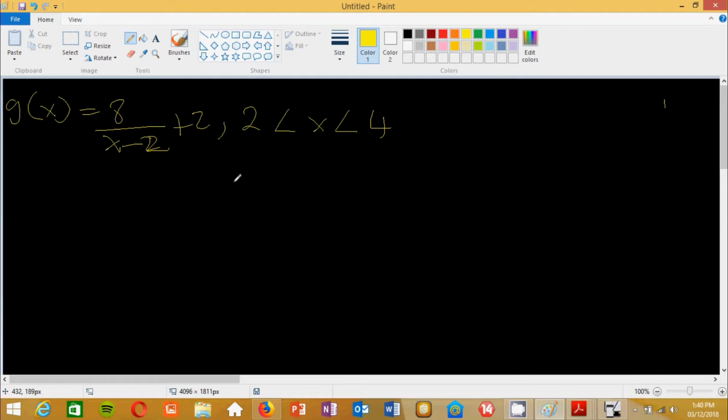For example, x can be 2.01. Okay, x can be 2.001 or 2.0001, and so on and so forth. So x can get super close to 2, but it can never actually be 2. It has to be greater than 2, but it can be super close to 2.